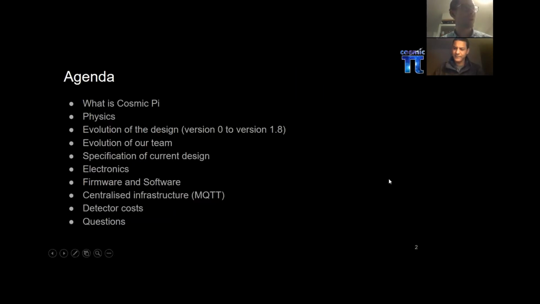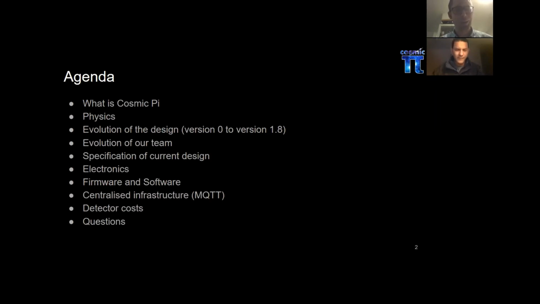Today we'll be talking about a little bit more of the foundations for this project. Itam will be taking us through the physics behind muons and detecting muons. I'll then give you a brief tour of the hardware, so how we got to our current iteration. The members of our team, we've been going since 2014, so there's quite a lot of people who have contributed over the years.